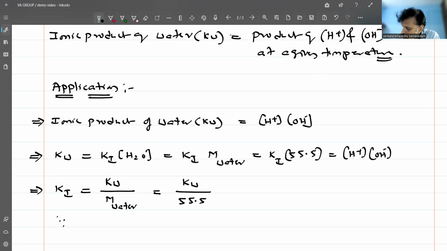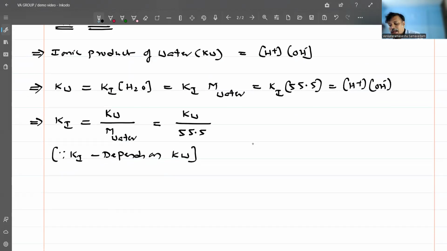Since the Ki value depends on Kw, as the Kw value changes, the Ki value changes. Kw is directly proportional to temperature. That means if you want to find Ki, you have to know about Kw. Kw depends on the temperature.